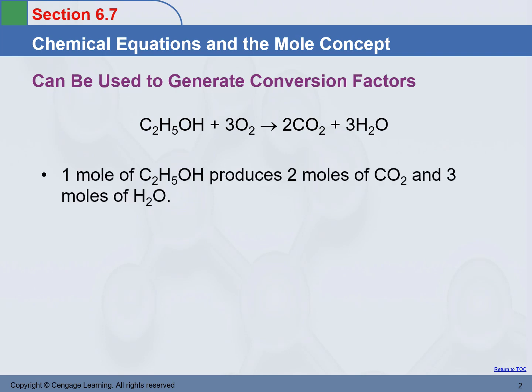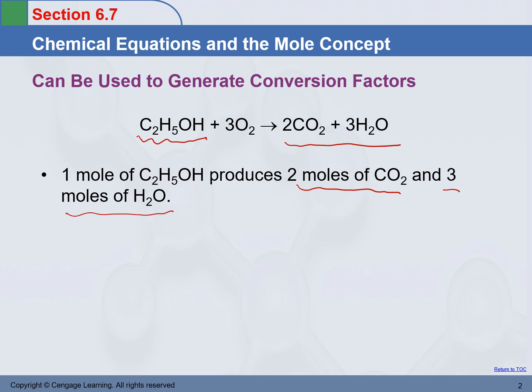What does that mean? For example, if you focus on the ethanol and the products, this reaction tells you if 1 mole of ethanol completely reacts, it will produce 2 moles of carbon dioxide and 3 moles of water.